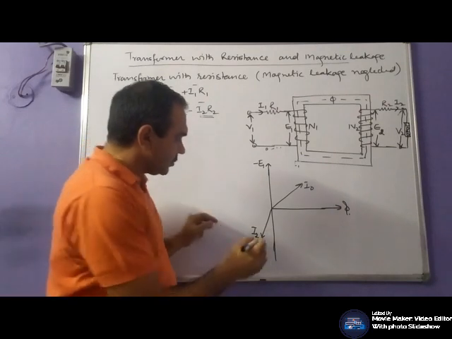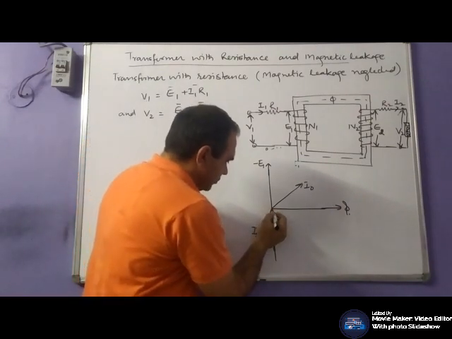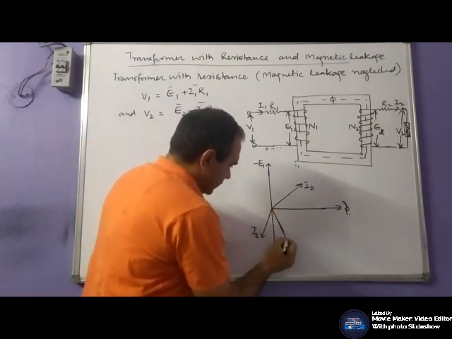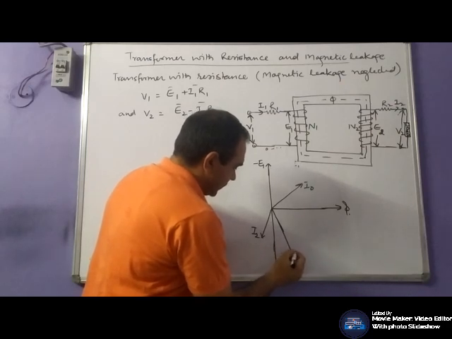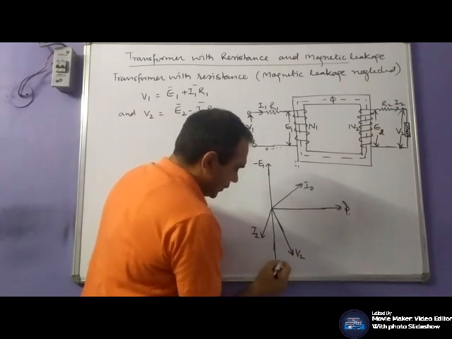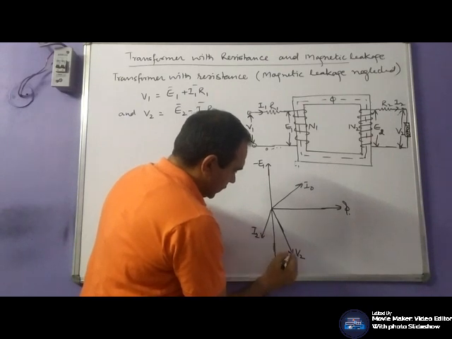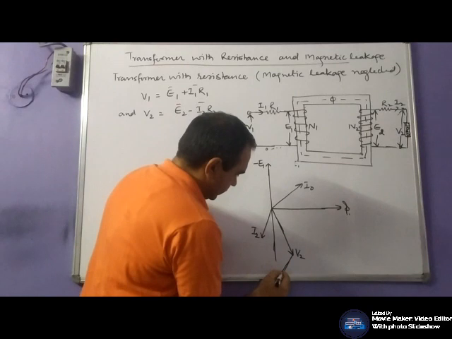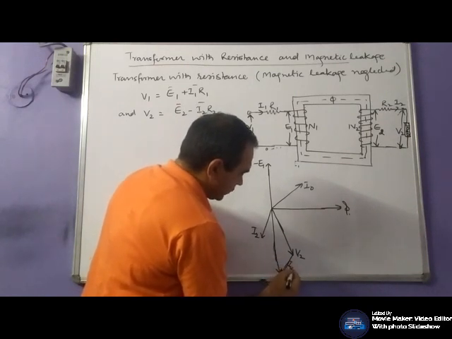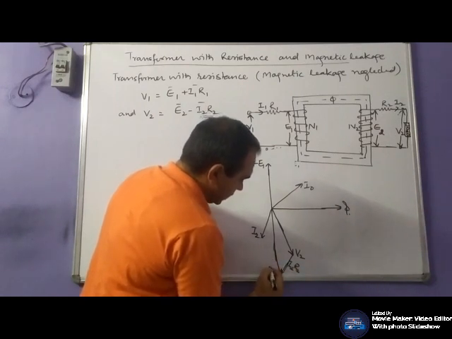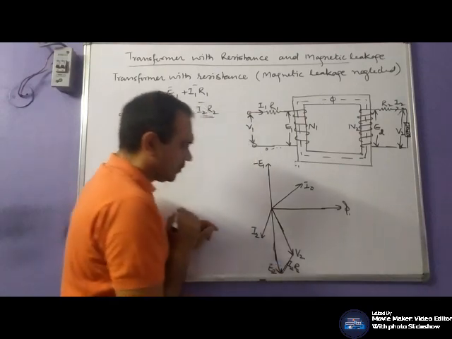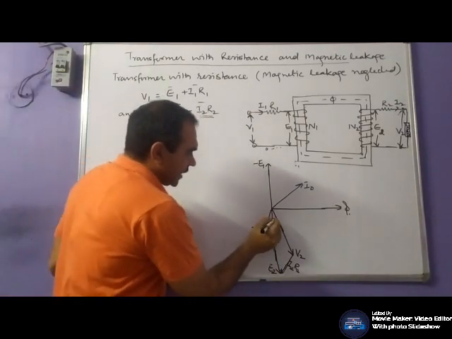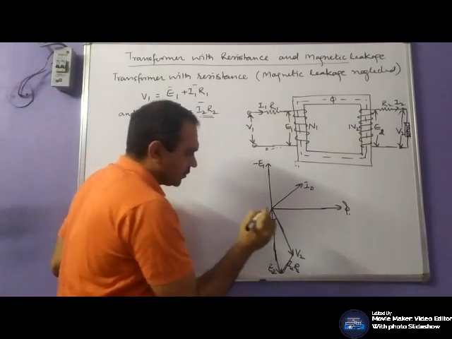The voltage drop across this, we have to represent like this: let it be V2, and this would be I2 R2, and this will be E2, and this angle will be phi 2.